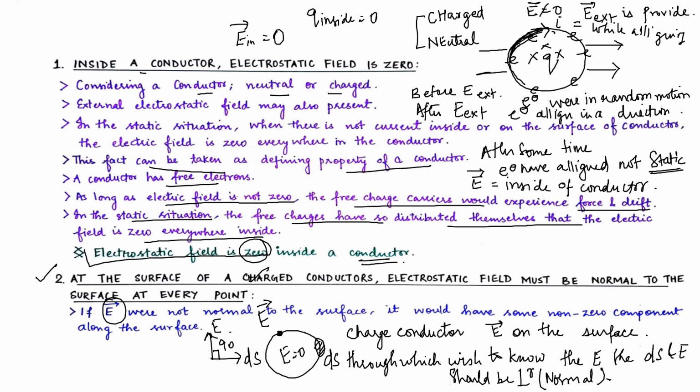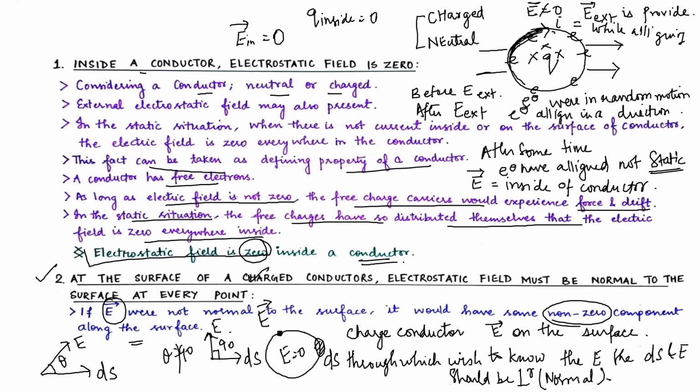If E were not normal to the surface, it would have some non-zero component along the surface. Now, this is our surface ds and this is our E. This E is making some angle theta which is not equal to 90 degrees.